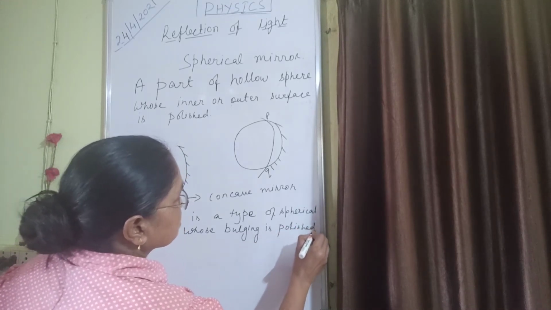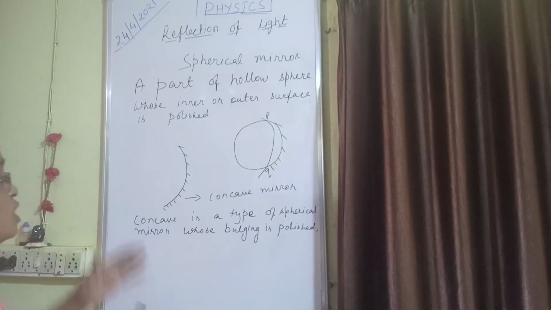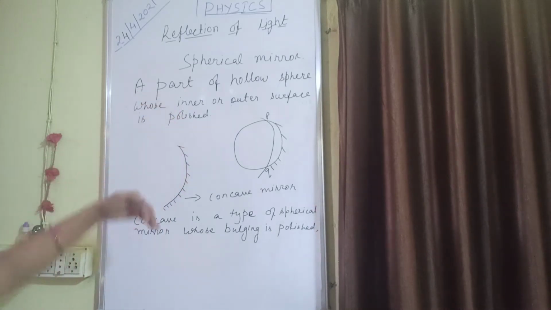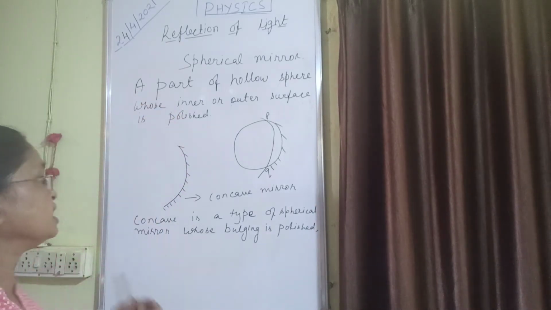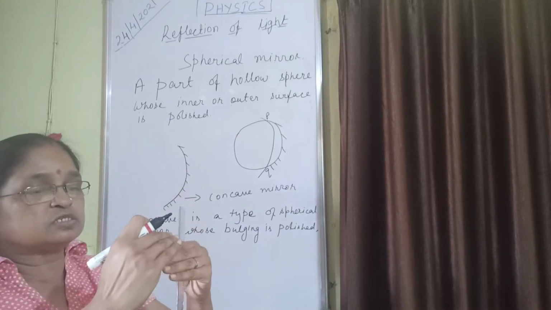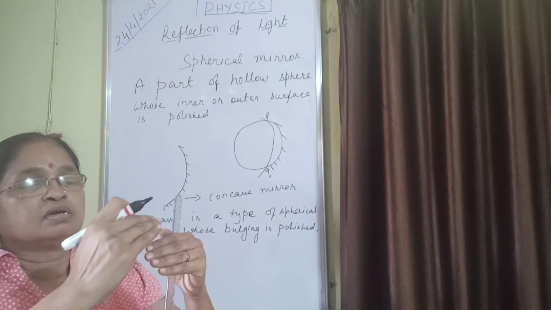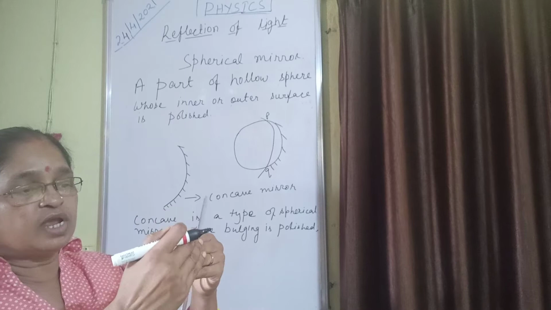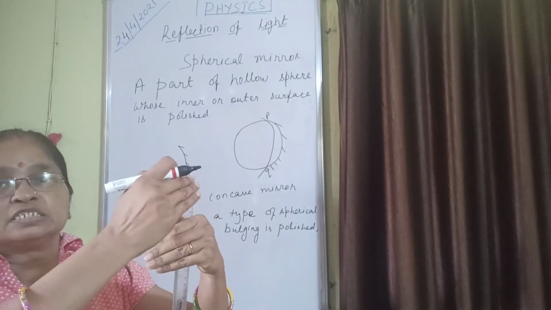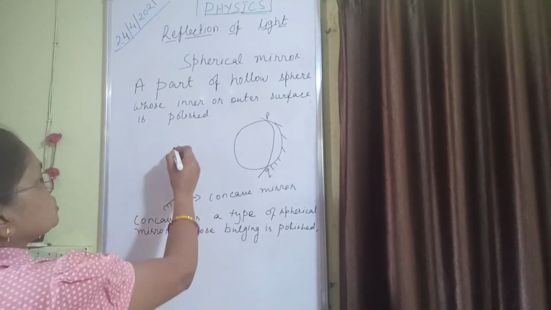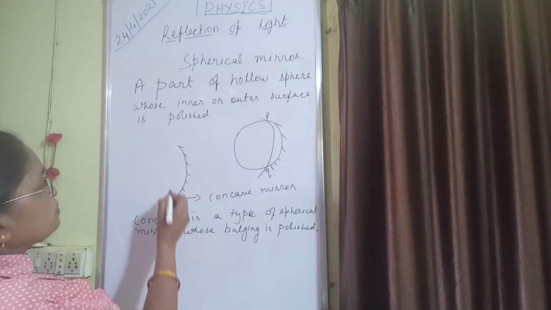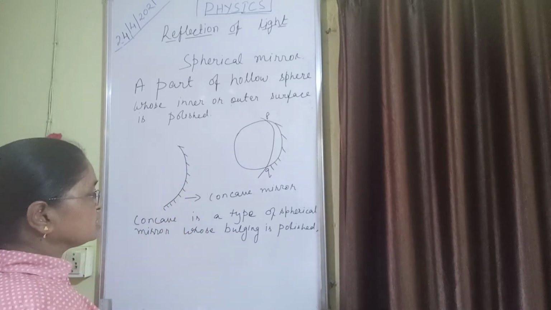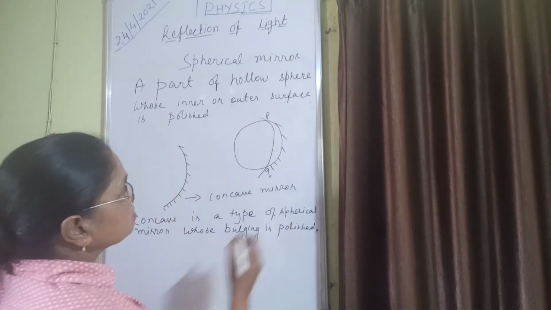Or we can also say whose outer part is polished. See here, it's bulging. Bulging means फुला हुआ. This फुला हुआ part is polished. So its bulging part is polished, outer part is polished. So this is concave mirror.